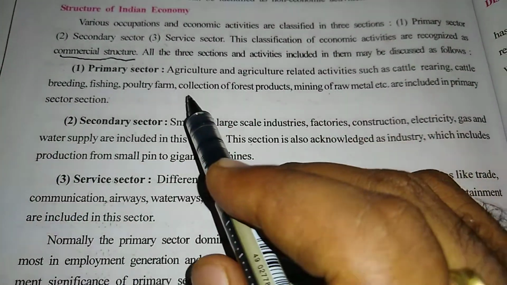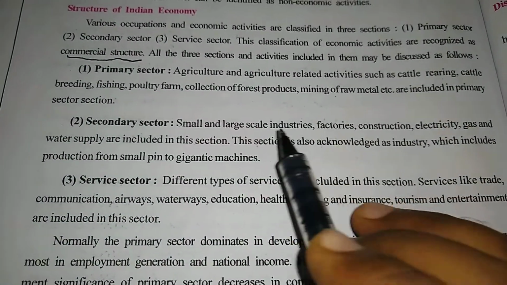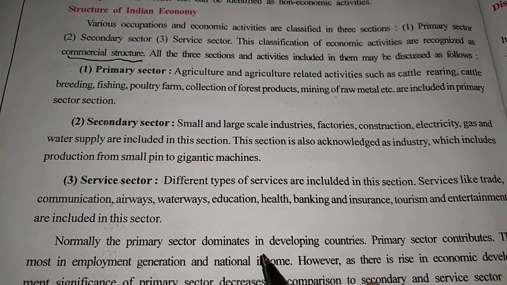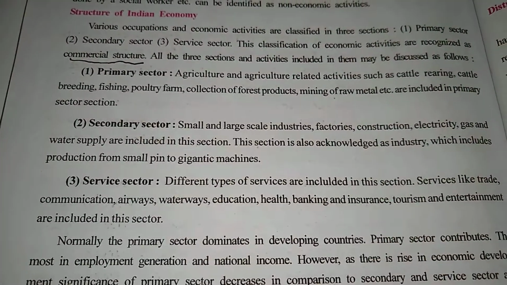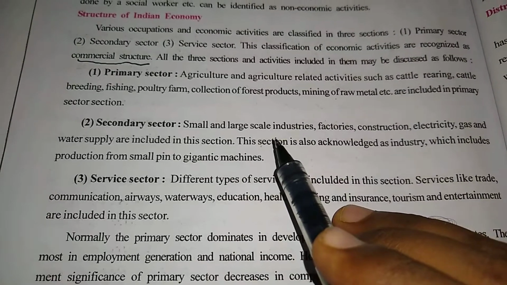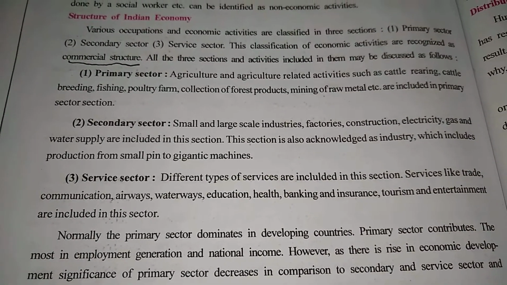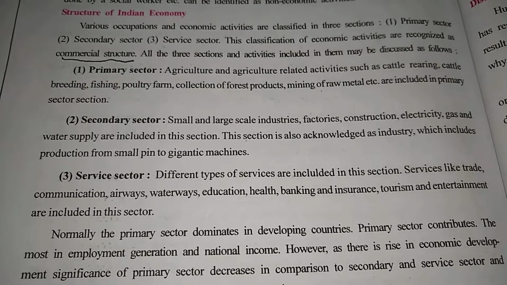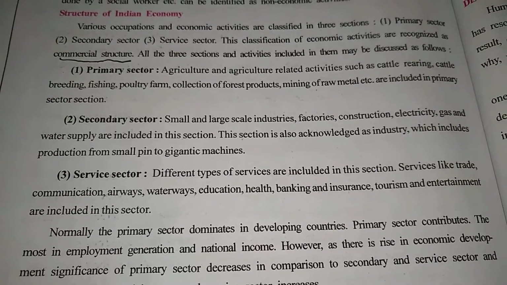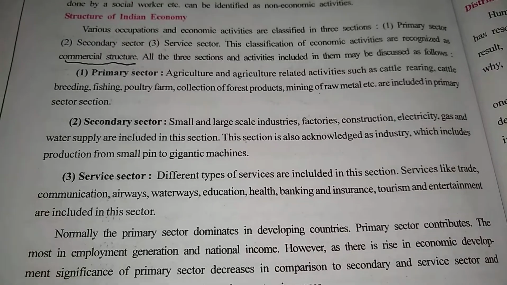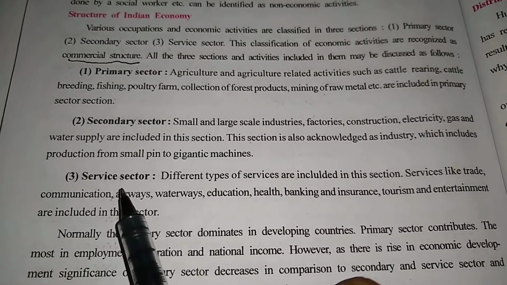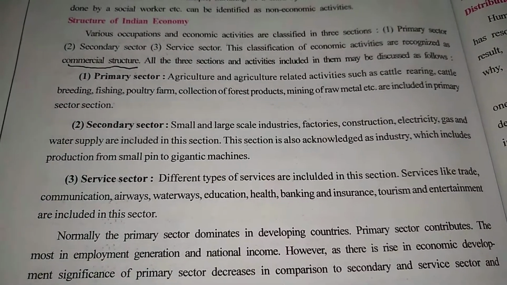With the help of that wood, in my factory, I prepare furniture. So furniture comes under the secondary sector. Now I want to sell that furniture to the customer, so I need to send that furniture to the customer's place. For that, I require transportation. So that transportation comes under the category of the service sector.